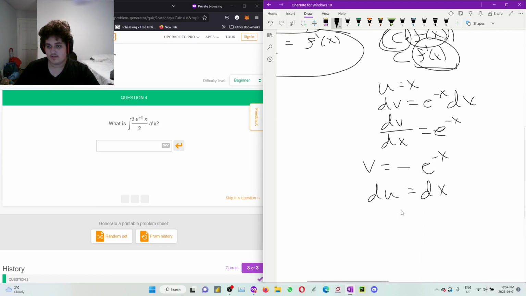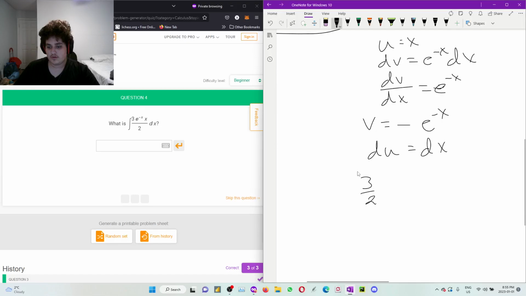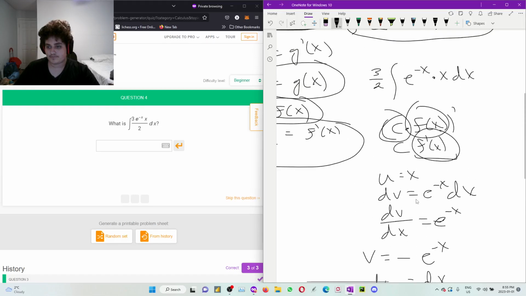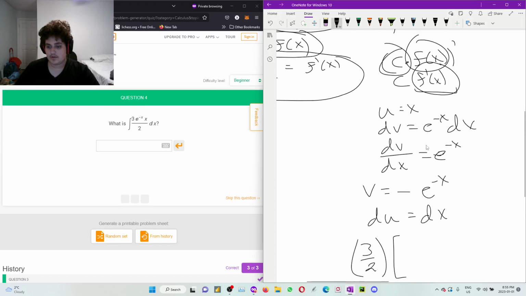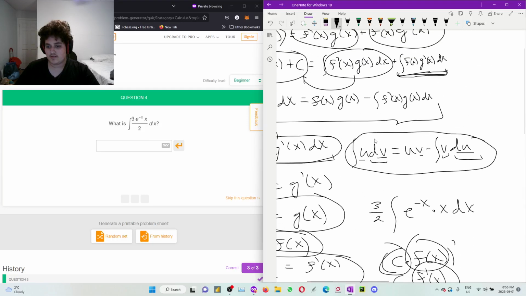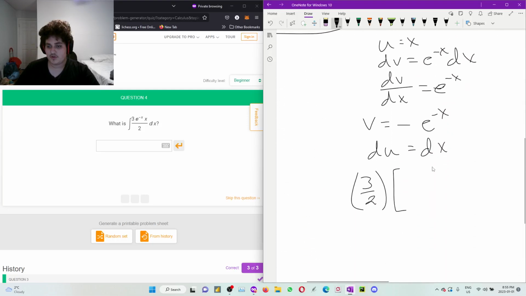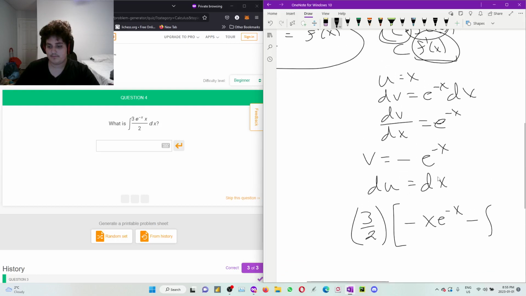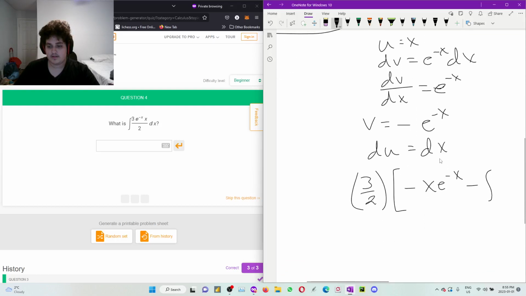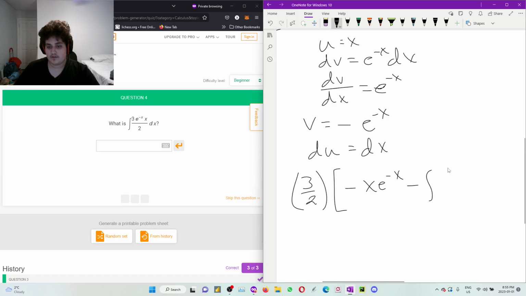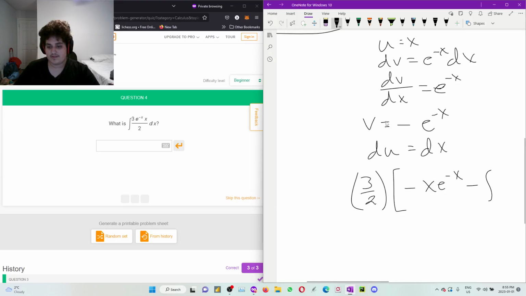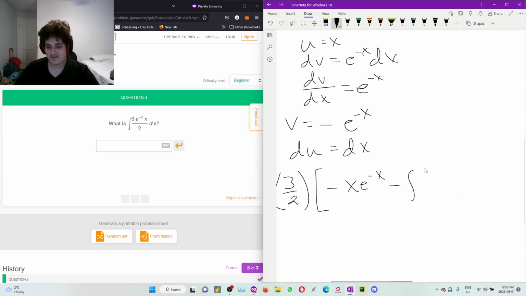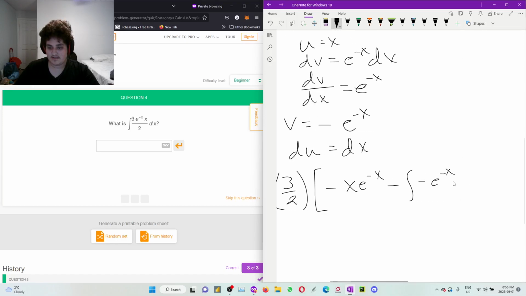We know that we have 3 over 2 times, using our formula from here, u times v, which is minus x e to the minus x, minus the integral of v du, so minus e to the minus x dx.